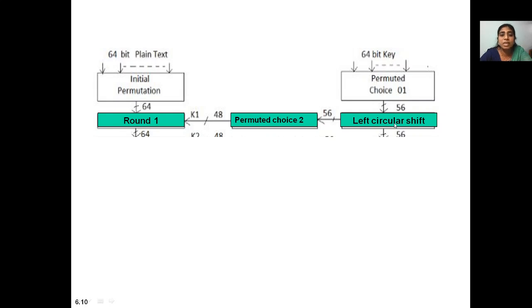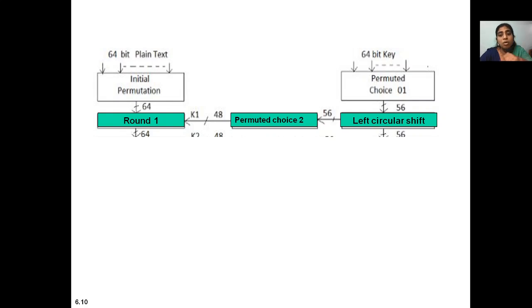The left circular shift depends upon which round we are in. If it is round 1, then we are going to shift by 1. If it is round 2, then also we shift by only 1 bit. The same holds for the 16th round, where we are also shifting by only 1 bit.